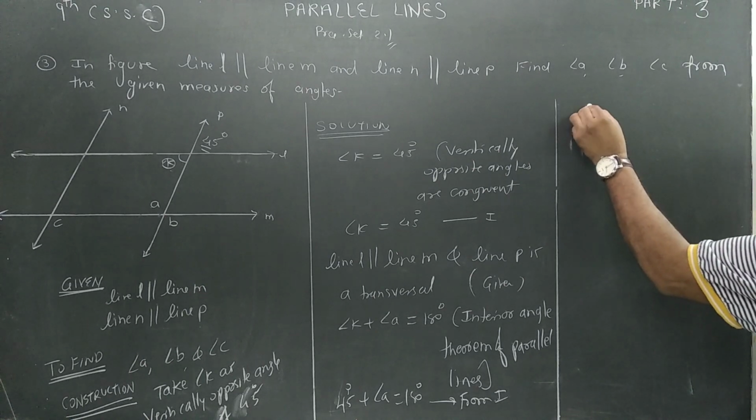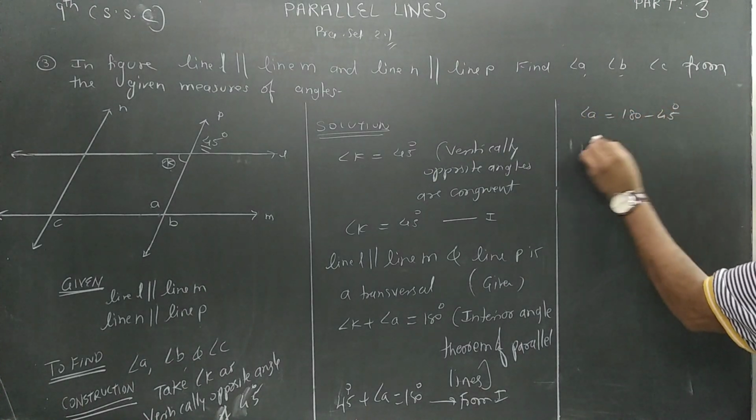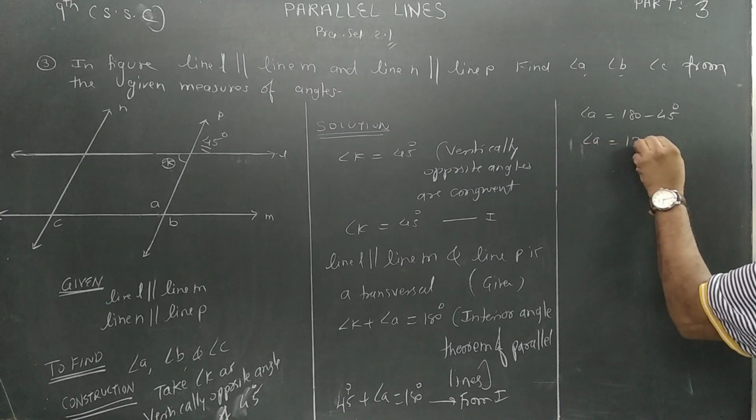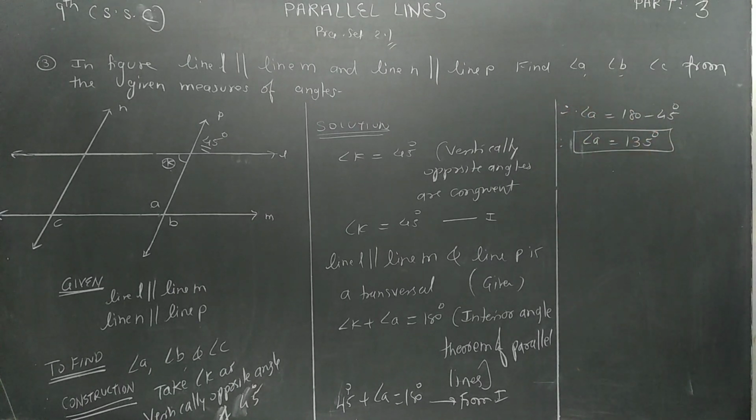So angle A is equal to 180 minus 45 degrees, and angle A is equal to 135 degrees. You have to calculate properly: what is 180 minus 45? I will take it as equation 2, and we got the value of A.